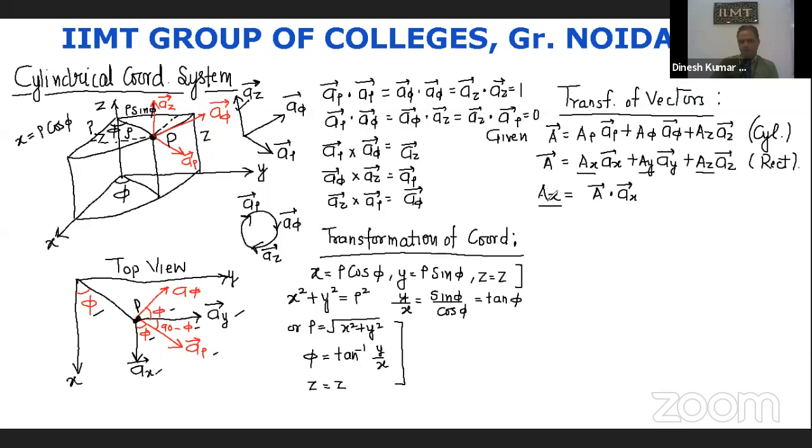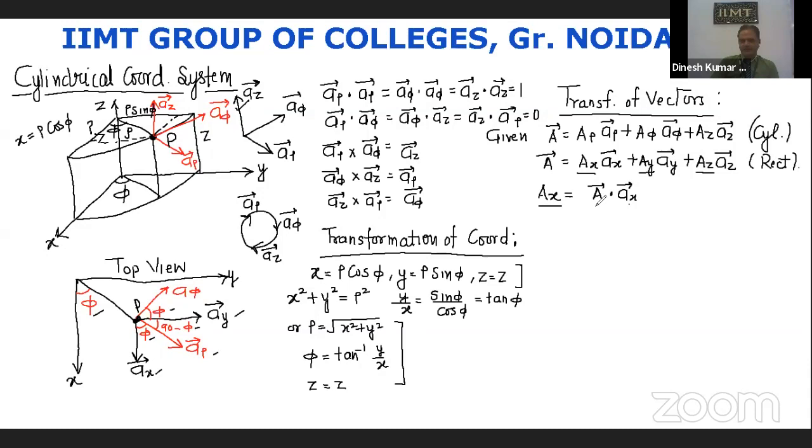We are talking about component Ax, and its desired direction is x. So the component of a vector in a desired direction can be calculated by taking the dot product of that vector and the unit vector in that direction.